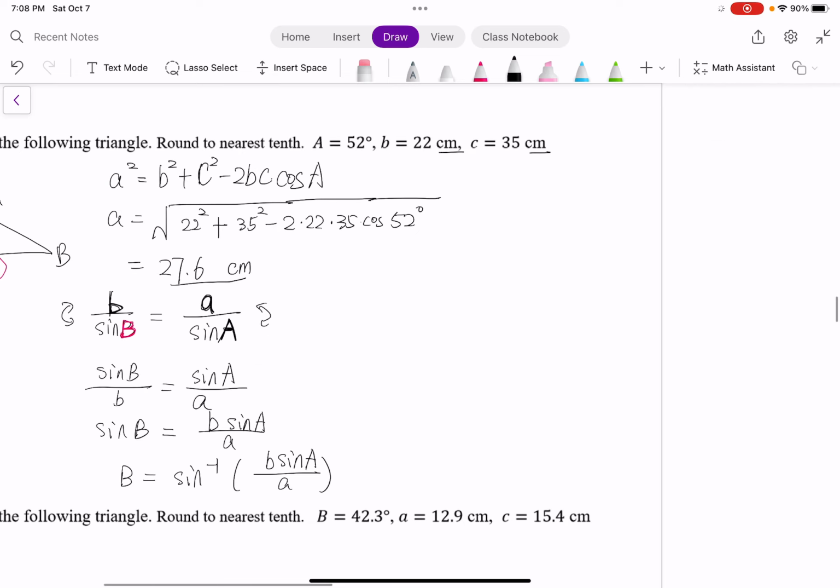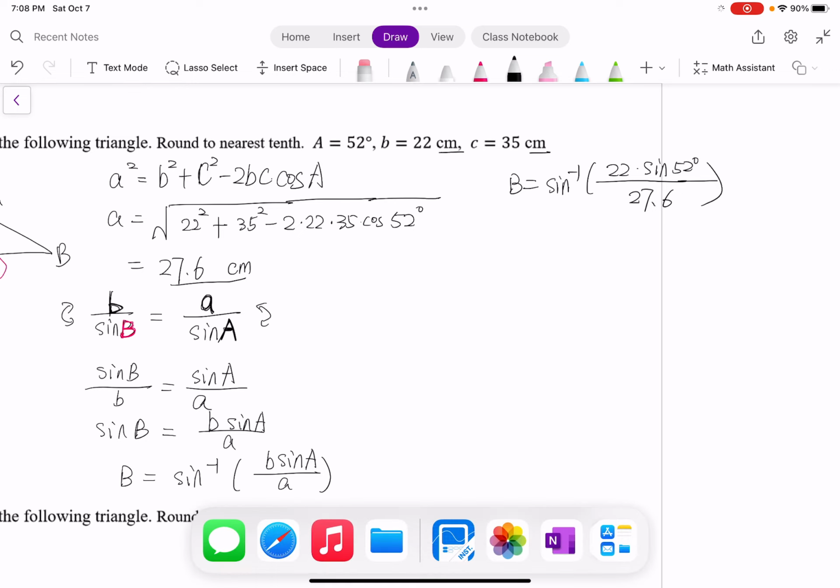Then we use our calculator to find angle B. Angle B is the inverse of sine of 22 multiplied by sine 52 degrees, all divided by a, which is 27.6.